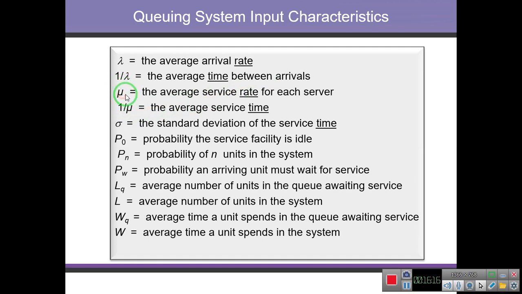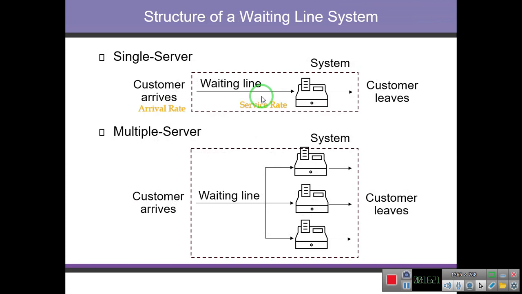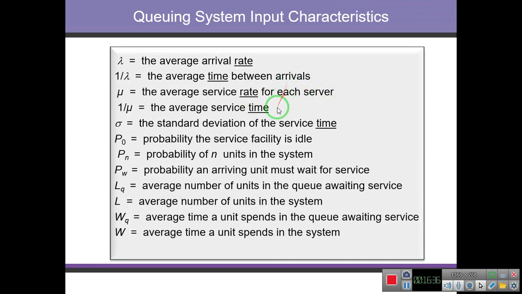We're going to use mu, the average service rate for each server. Basically, what's the average time that it takes to process you through the register or the server? Does it take 1 minute, 2 minutes? It's going to be the average.